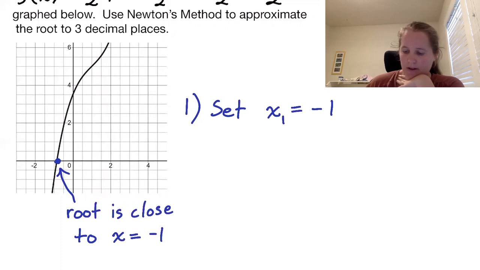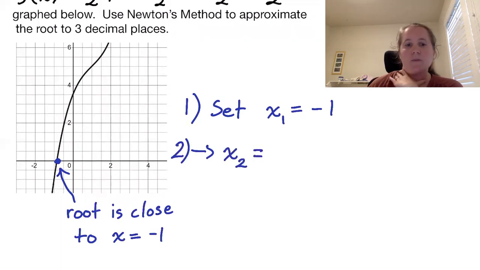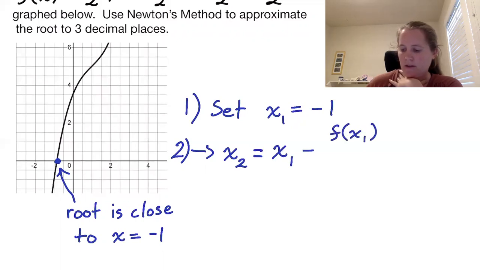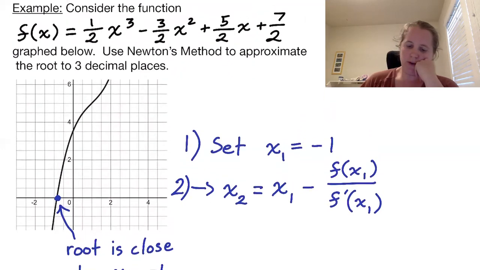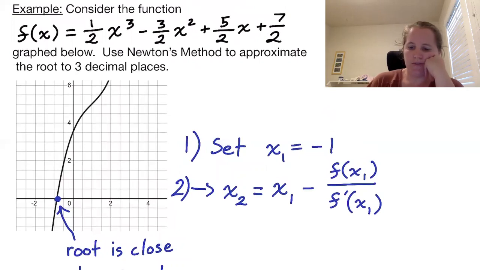Then x2 will be x1 minus f of x1 divided by f prime evaluated at x1. So we need to know f prime as well as f.